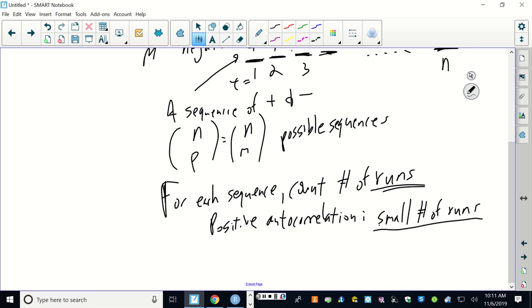So a test can be done by looking at all possible sequences, the distribution of the number of runs, and then the one that you got. And if yours is really small, unusual, then it's not consistent with being random.